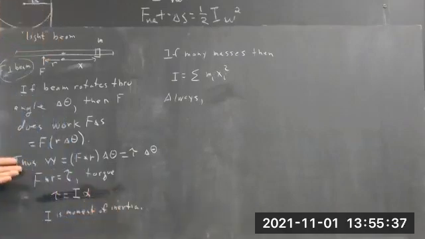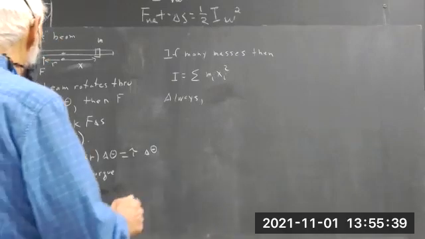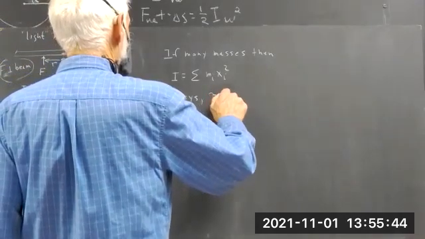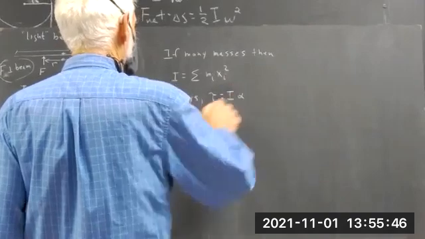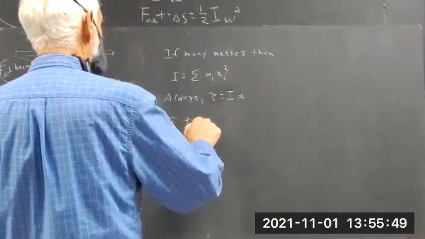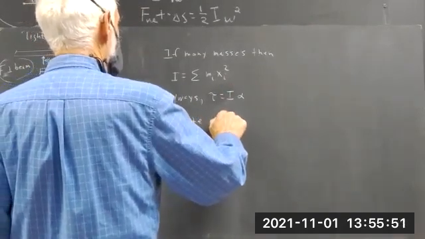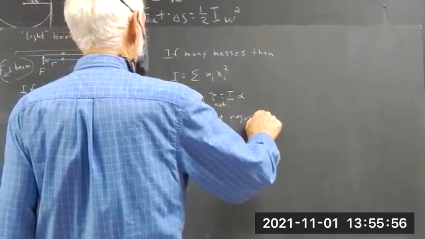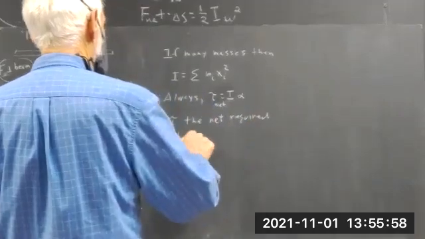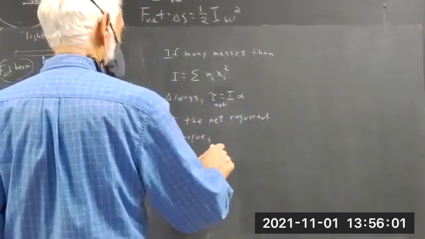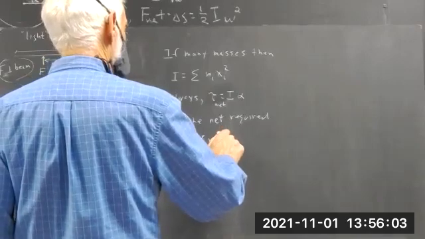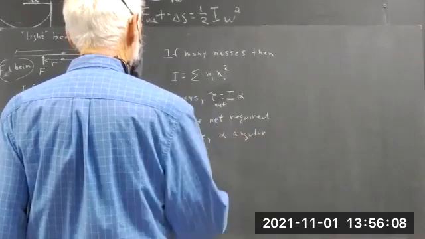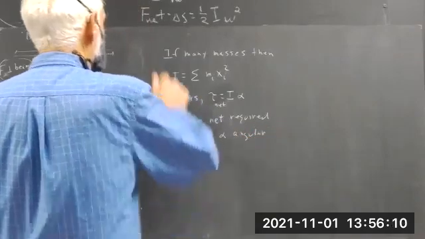Torque is I times alpha. Alpha is the angular acceleration.